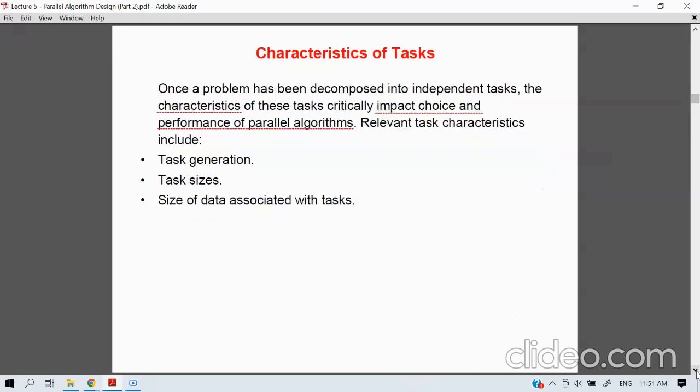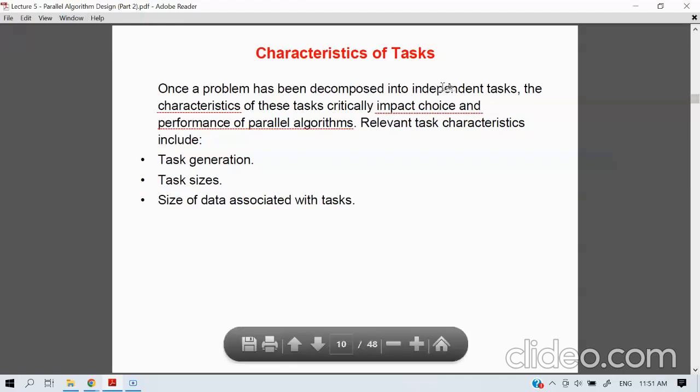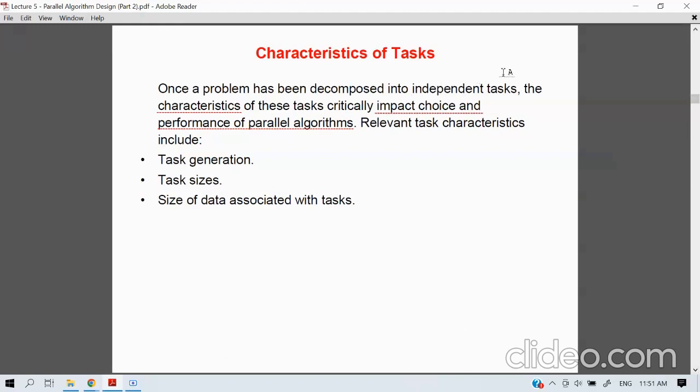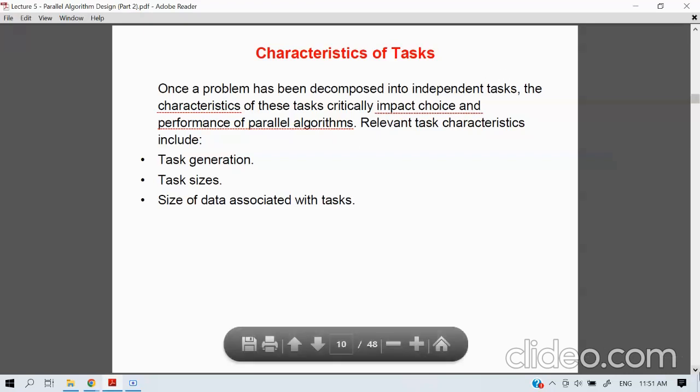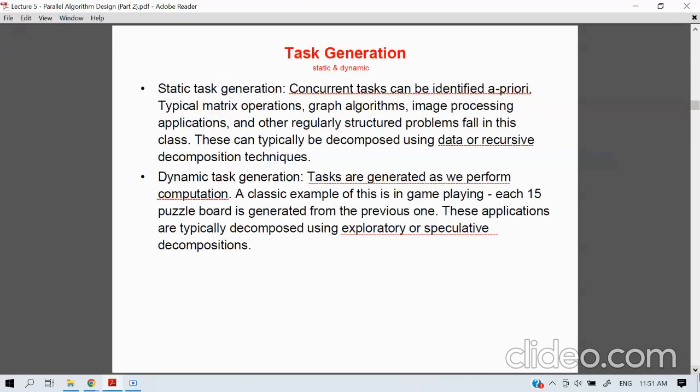And the last one, we already learned about characteristics of tasks. Before we consider which decomposition technique to use, we need to consider the characteristics of the task. There are three characteristics: task generation, the task sizes, and the size of the data associated with the task. What else is related to task generation?